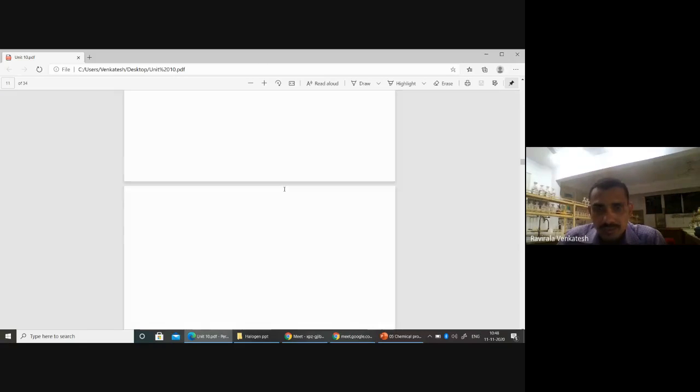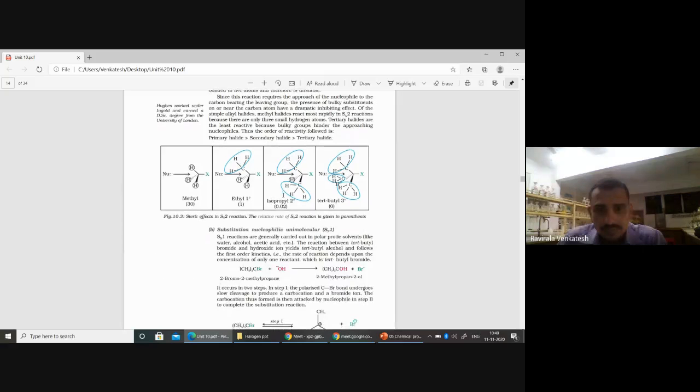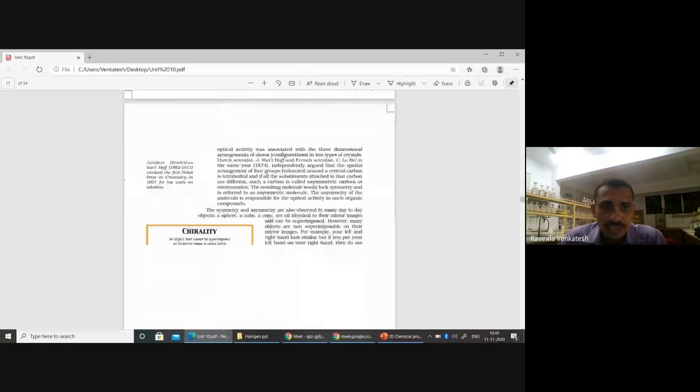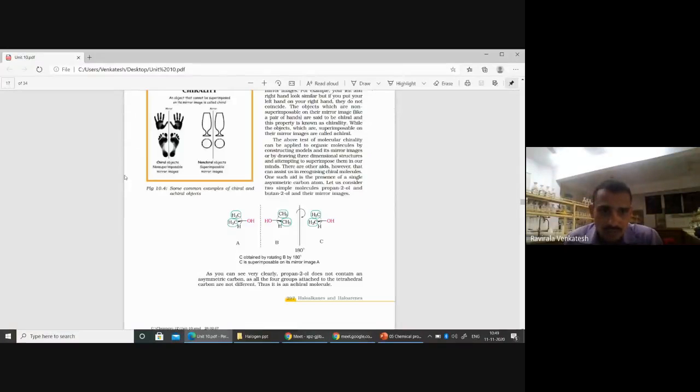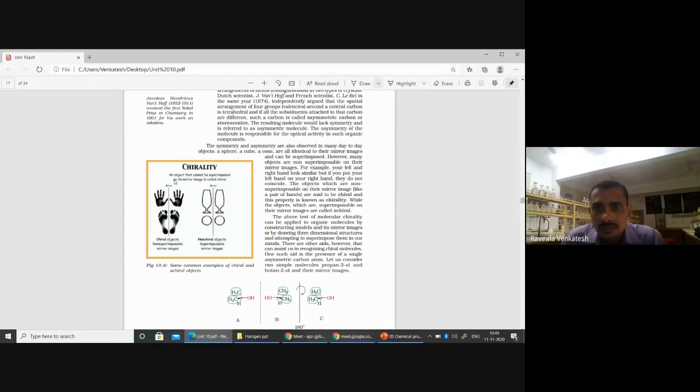Okay, let me see this one with an example here. You observe this diagram here, this part. If you observe this part, what happened?